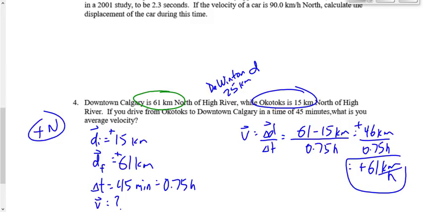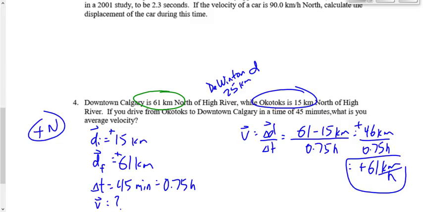I went through De Winton, who cares? Hey, who cares, right? If I start in Okotoks, I go to Calgary, final position minus initial position, regardless if I'm given other positions in the mix as well.